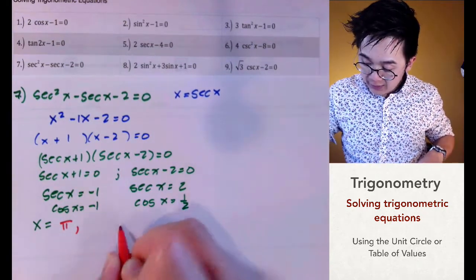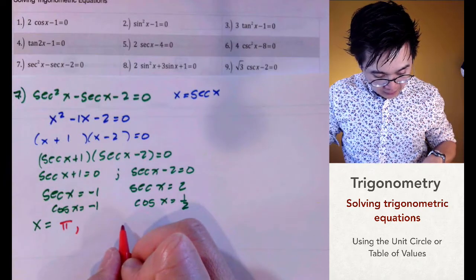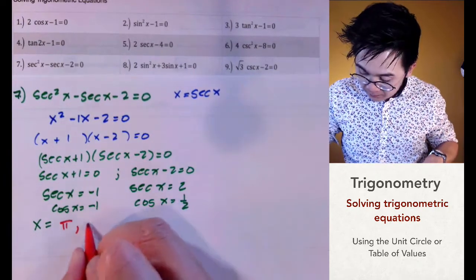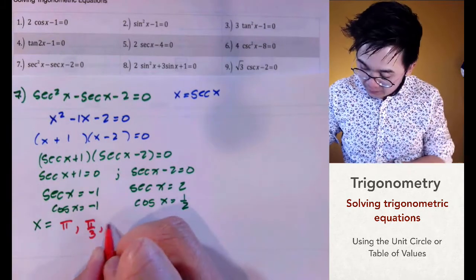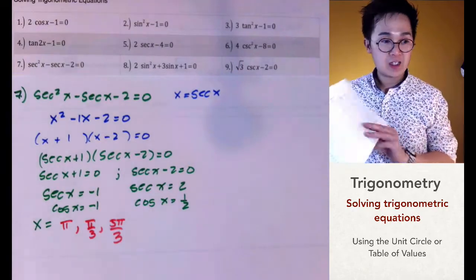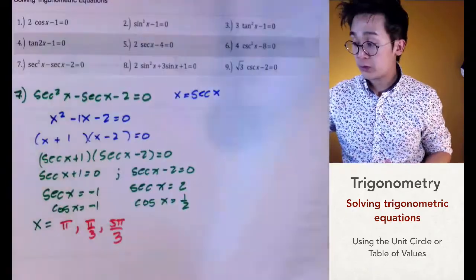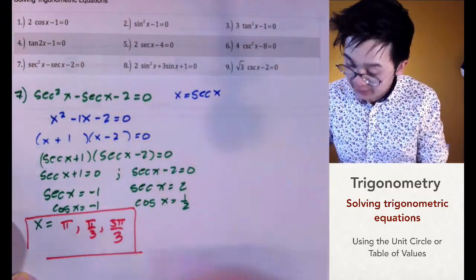And for cosine x equal to 1/2, we have pi over 3 and 5 pi over 3. Again, I'm just using this table. You're not seeing it anymore, but I guess you already know how to use the table. So this is our problem number 7.